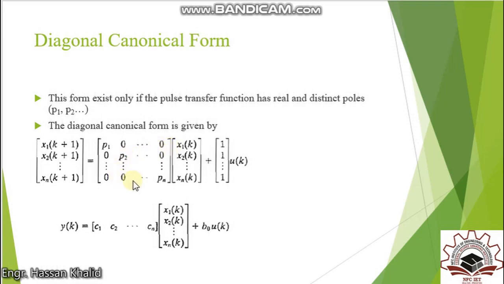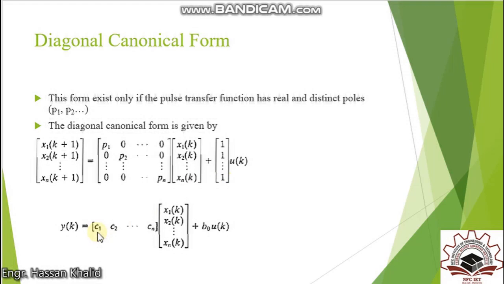This will give you the G matrix for the diagonal form. Keep in mind, this formation only exists if you have real and distinct poles. And if you want to form the input matrix, you will just replace all those entries by 1.